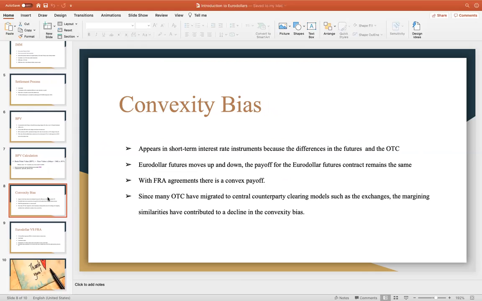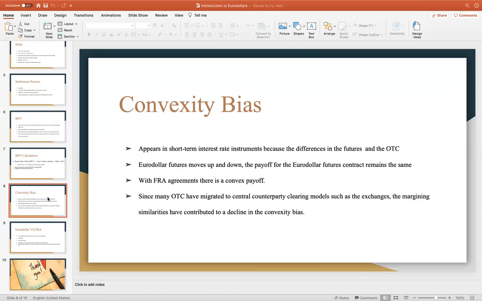Convexity bias. Convexity bias appears in short-term interest rate instruments because of the differences in the futures and the over-the-counter market. The Eurodollar futures rate moves up and down. The payoff of the Eurodollar futures contract remains the same.